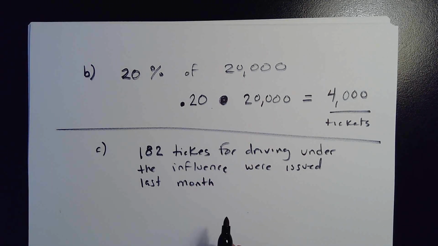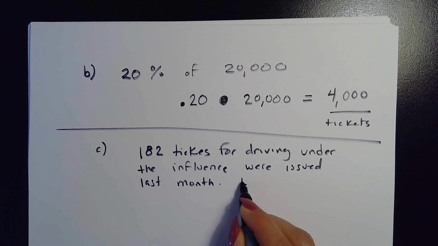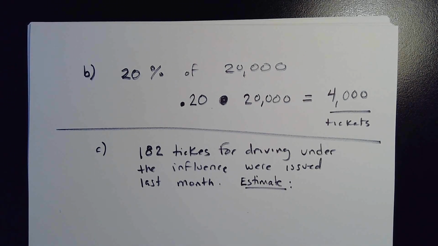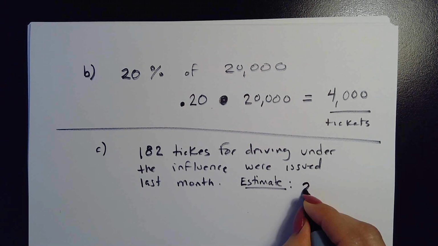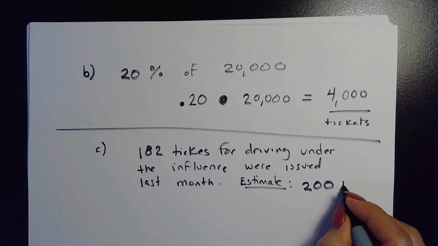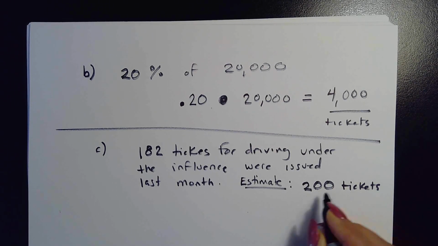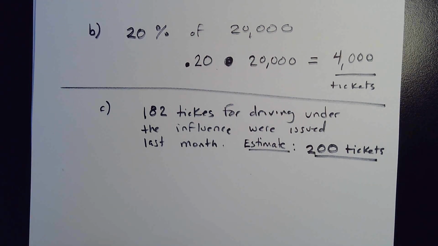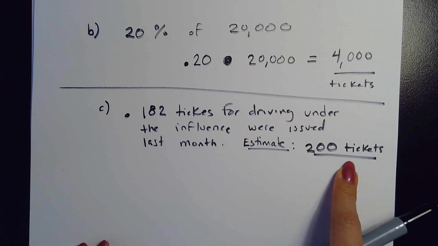So go ahead and make an estimate. Say that last month 200 tickets were issued for driving under the influence, right? So that's the estimated number.